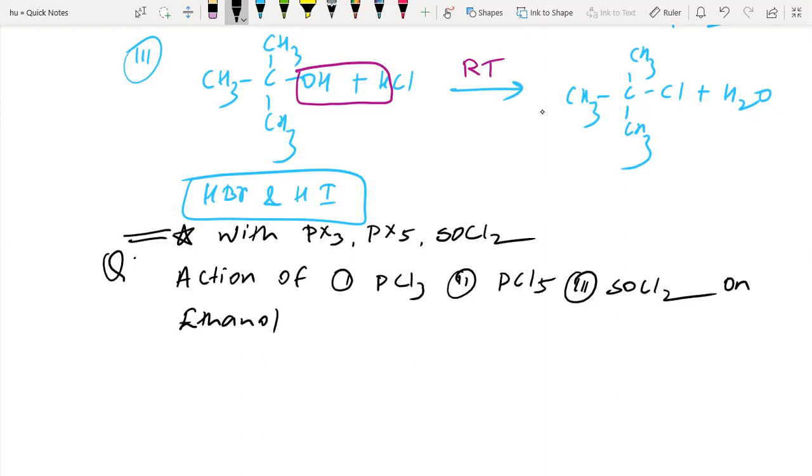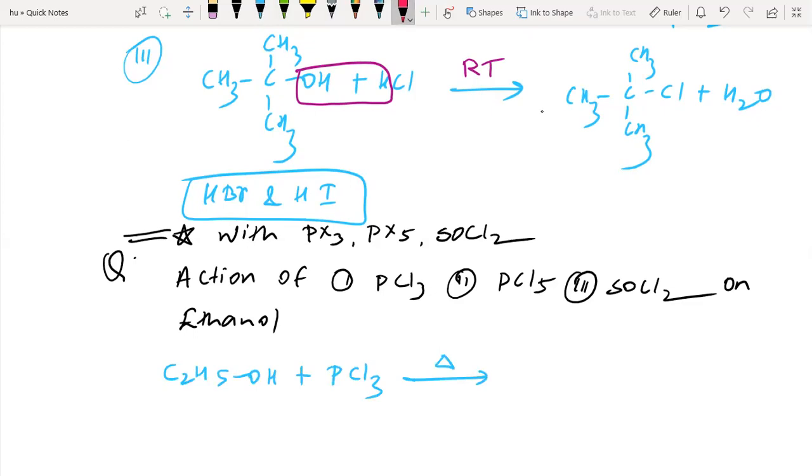So the very first reaction I'll write here. Say ethanol is reacted with PCl3, and we heat here.